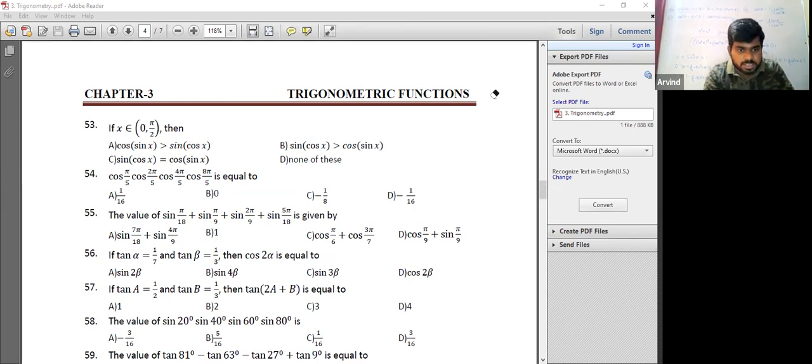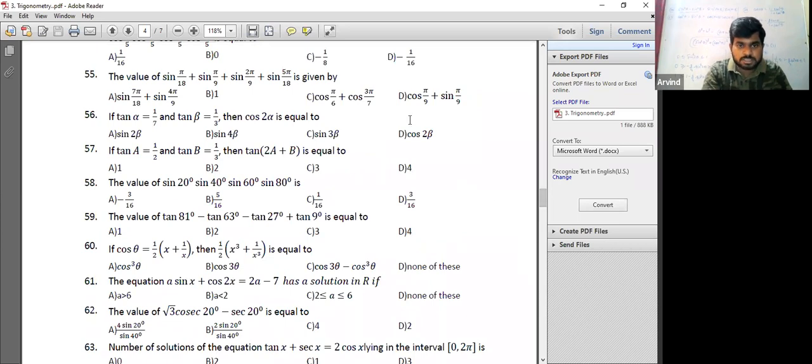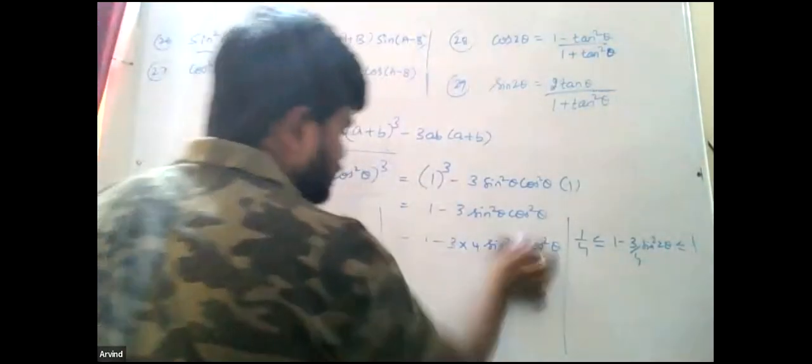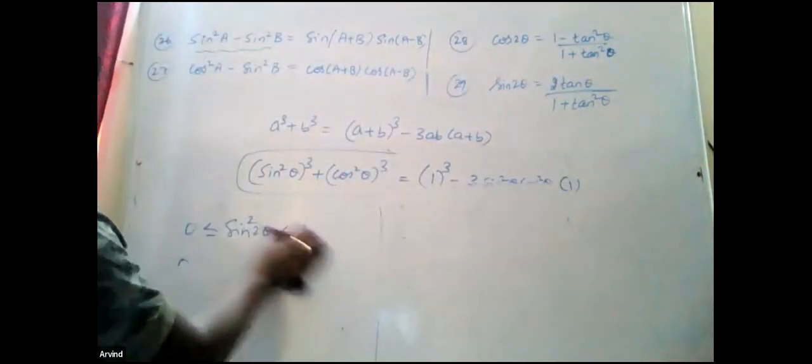Yeah, this question number 58, the value of sine 20, sine 40, sine 60, sine 80. Okay, there is a formula for this. I'll just stop sharing and solve this. Only the last problem, just observe and wind it up. All the others you can use the formulas.